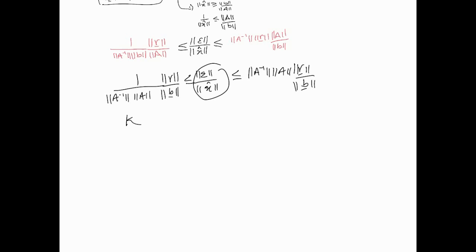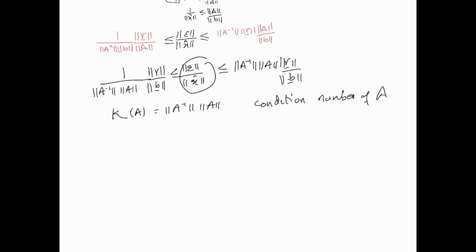Now we define kappa of A at this point, and that's called the condition number of A. This is the Greek letter kappa, and it's basically this. Let me show you, and replace epsilon here with what it is by definition, which is the norm of x hat minus x, the approximation, divided by the norm of x, which is the exact.